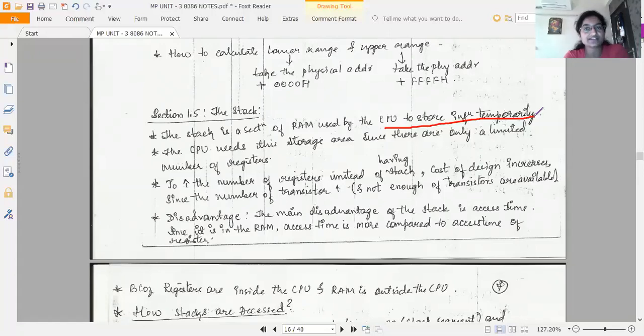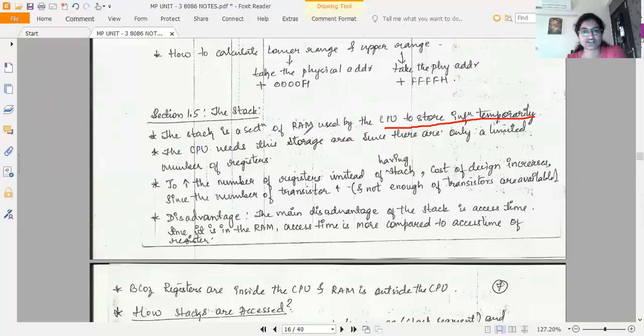And if we use more transistors, the cost of the design will increase. To avoid this increase in cost, what we do is we use another section of the memory called stack in order to store the information temporarily. Okay, that is what I have also mentioned here.